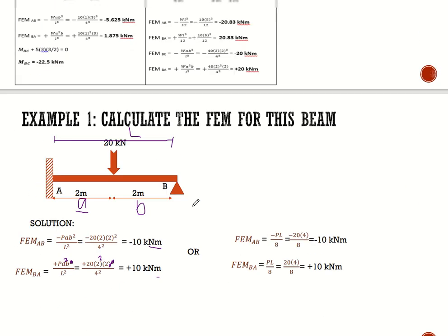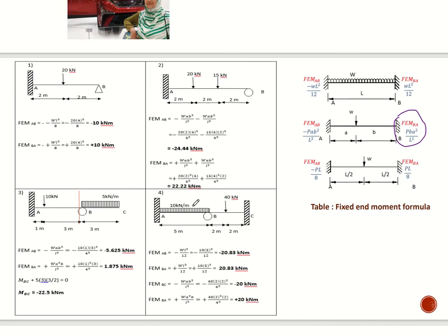Okay, so let's try the second question. In the second question, we have a beam subjected to two point loads. While we have two point loads on one beam, we're going to use the point load formula two times. One for P equal to 20, and the other one for the point load of 15 kilonewton.